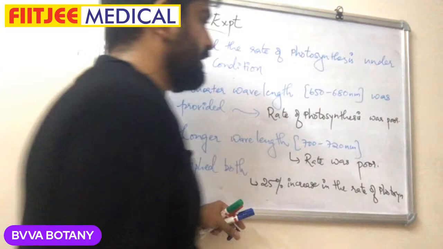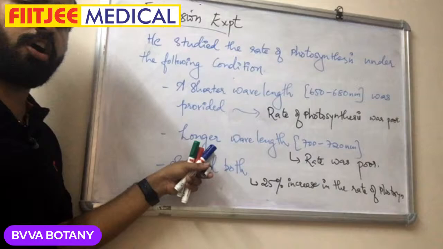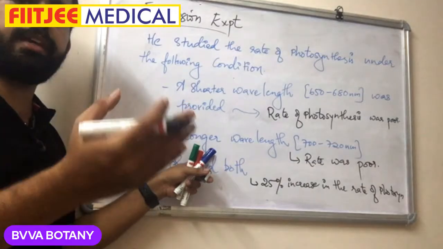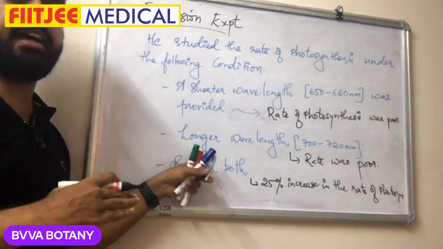So we said that when the longer red wavelength of light was given along with the shorter one, the rate of photosynthesis was enhanced.